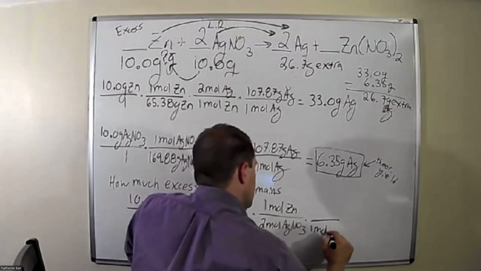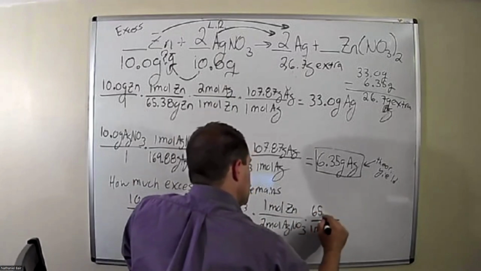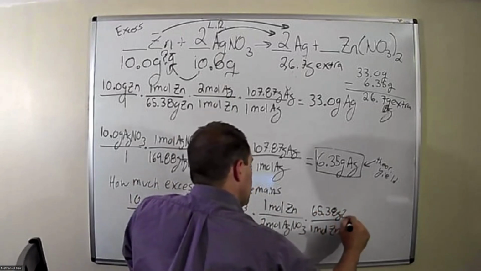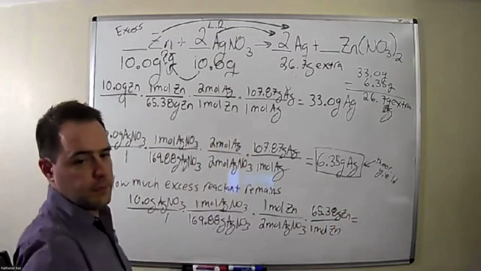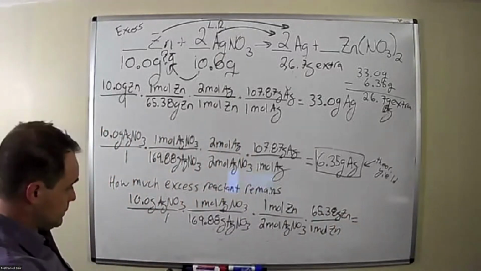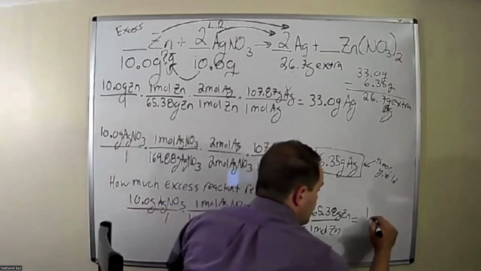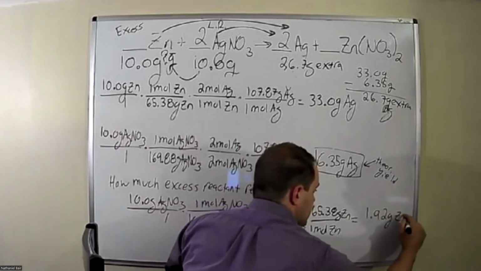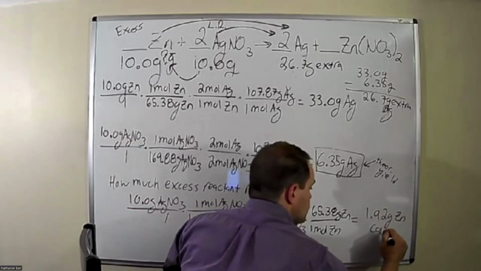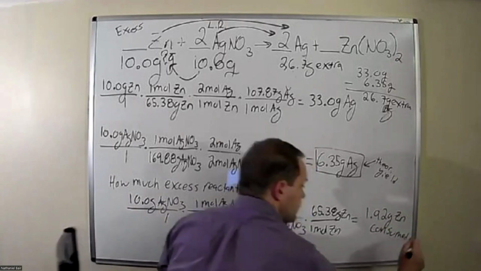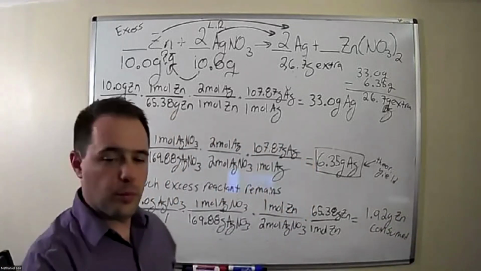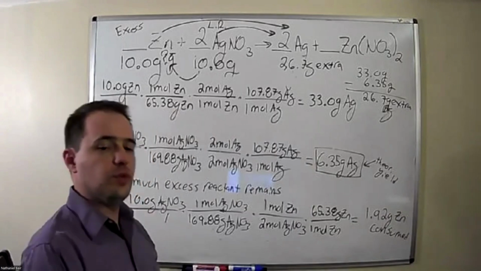And then zinc has a mass of 65.38 grams. And that's 1.92 grams of zinc consumed. See how we figured out that 1.92 grams of zinc would be used up?